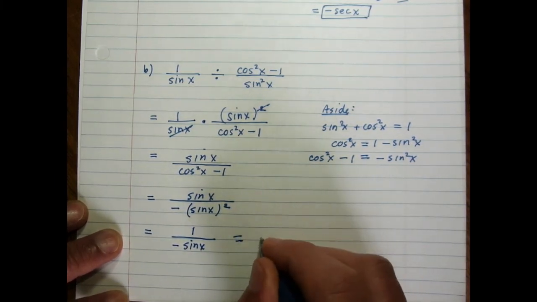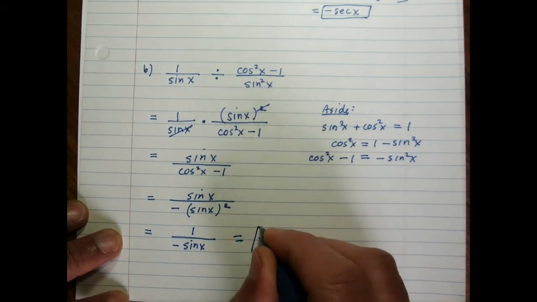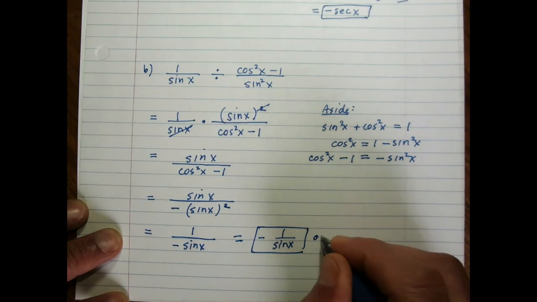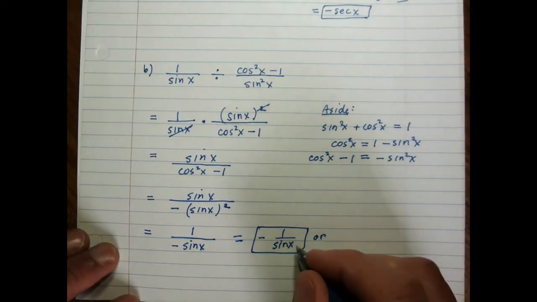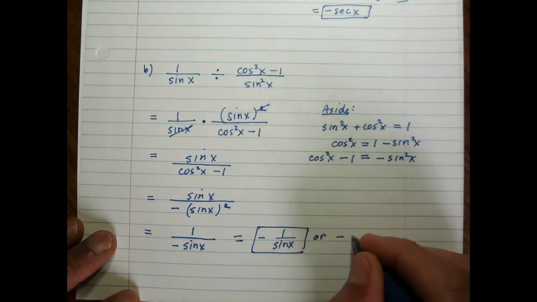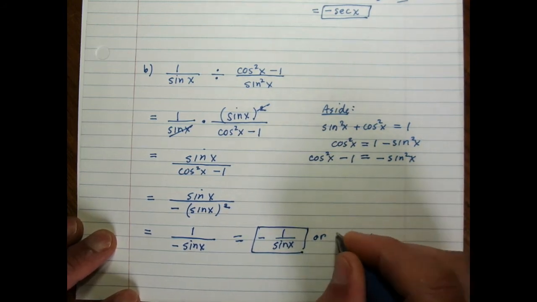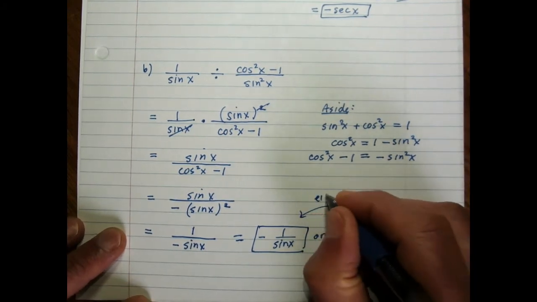That's the same as just minus 1 over sine x. Perfectly okay answer for me. Or again, here we could write this using a fancier trig function if you want. 1 over sine is cosecant, so we could write minus cosecant x. Again, either one is okay.